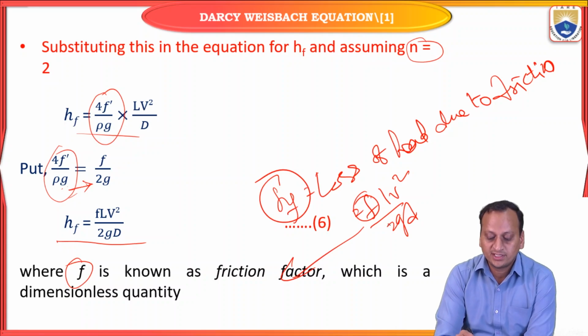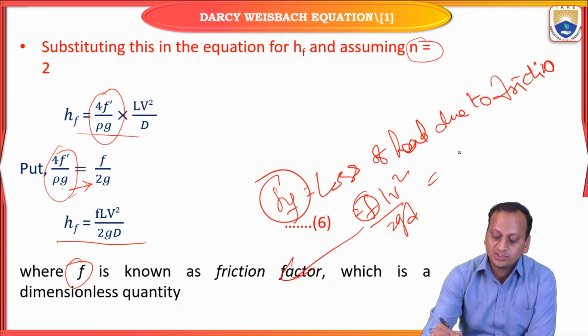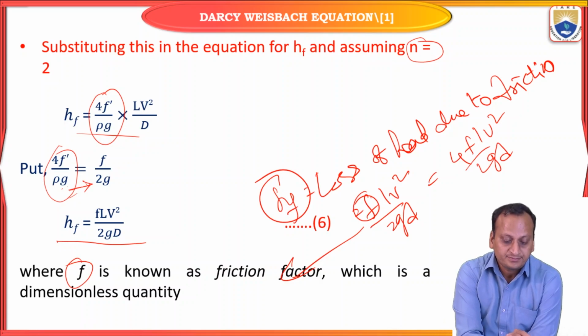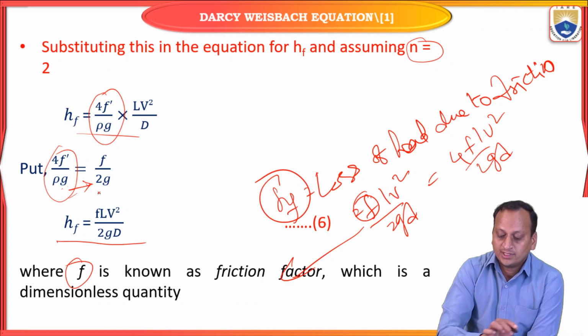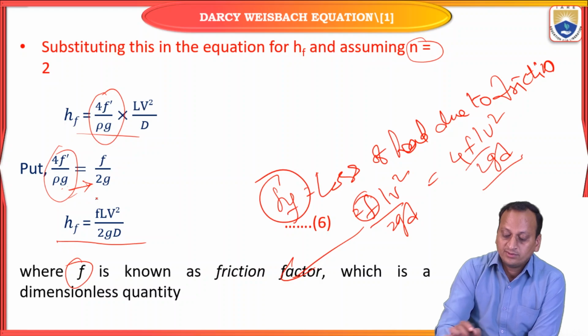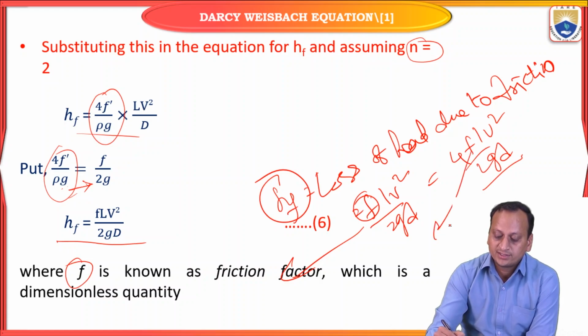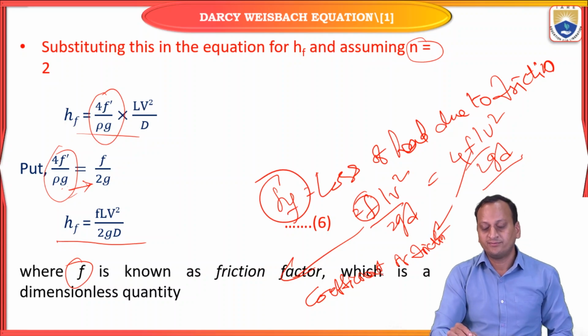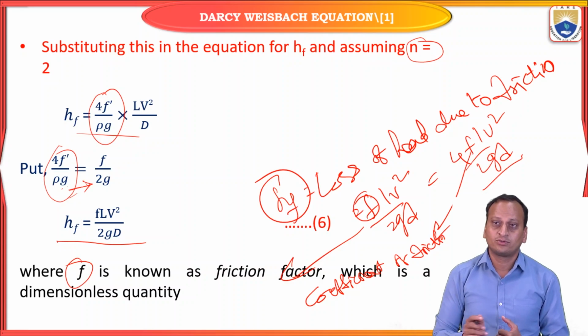This equation can also be written as 4FLV square by 2GD. That means 4F dash by rho G equals 4F by 2G, so it becomes 4FLV square by 2GD. In that case, F is known as coefficient of friction. So this is the difference between FLV square by 2GD and 4FLV square by 2GD.